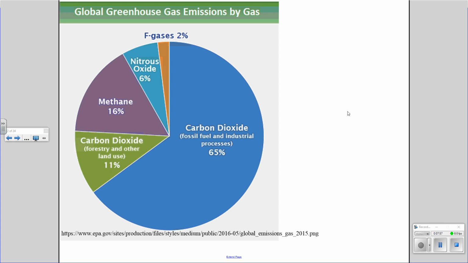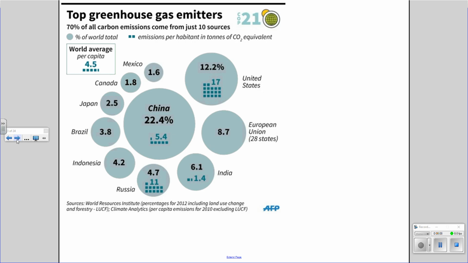Then around 16% methane, then a small amount of nitrous oxides and your CFCs, chlorofluorocarbons. Okay. Now the largest contributor in the world of carbon dioxide into the atmosphere is China. Coming in second is the United States. Then you have the European Union, India, and so on and so forth.